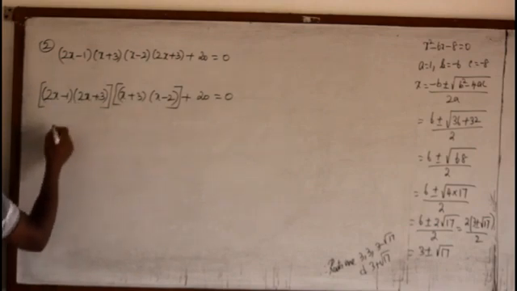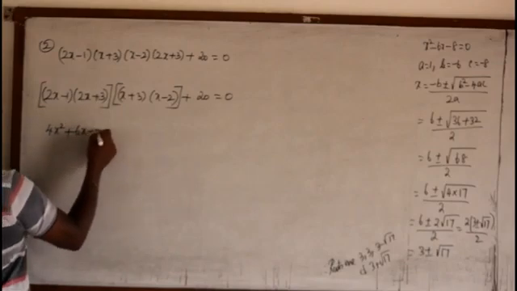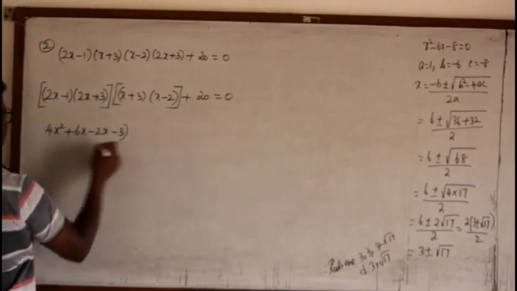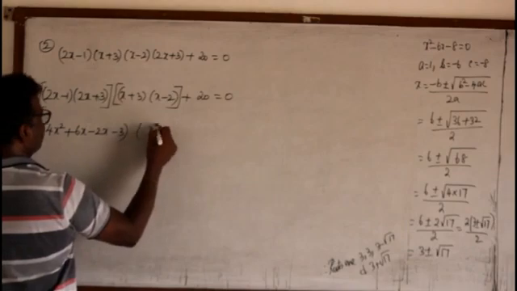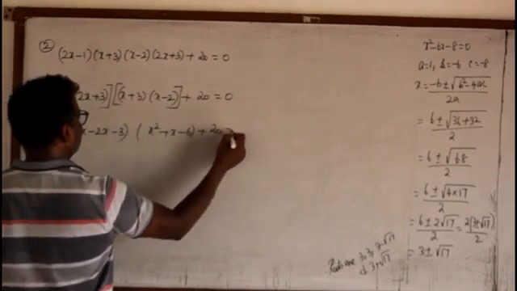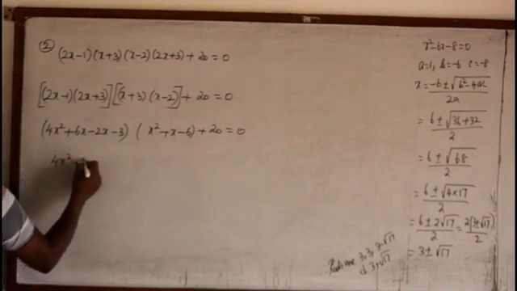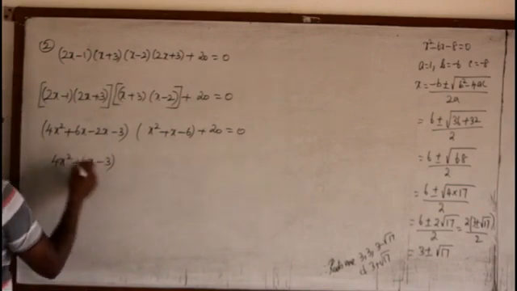So when you multiply, it is 4x square plus 6x minus 2x minus 3. This is x square plus x minus 6 plus 20 equal to 0. See, it is 4x square plus 4x minus 3.